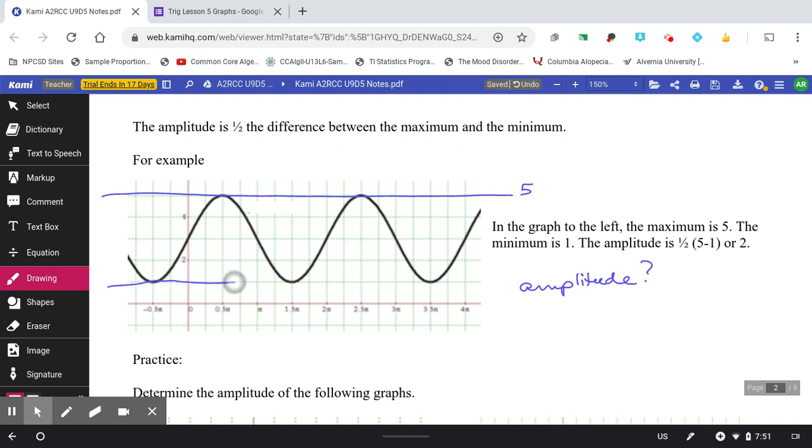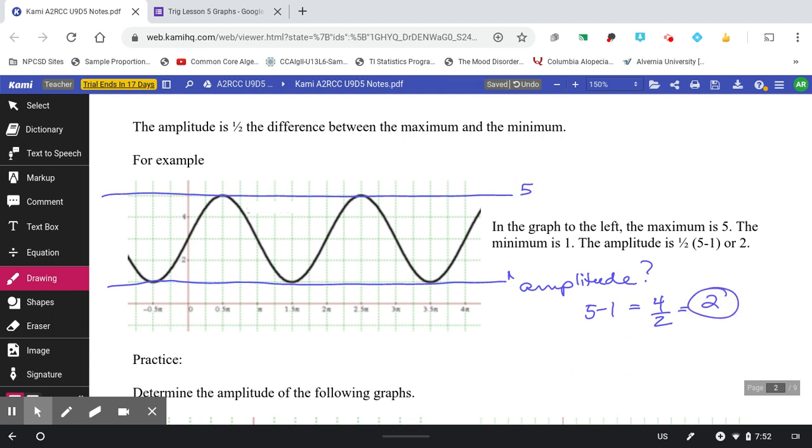The minimum is down at 1. So the amplitude is half the distance between the two. Okay, that would be considered the height of the curve. Okay, so 5 minus 1 is 4, and that divided by 2 is 2. So the amplitude is 2 here.